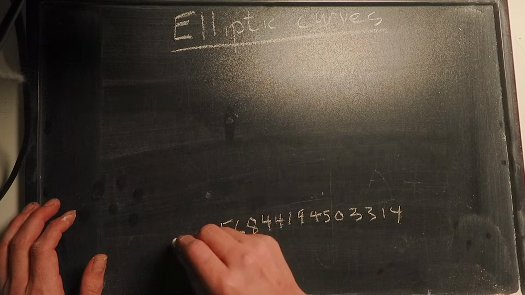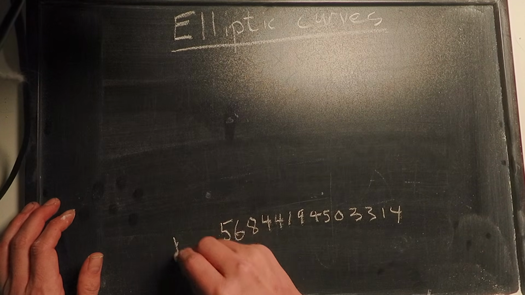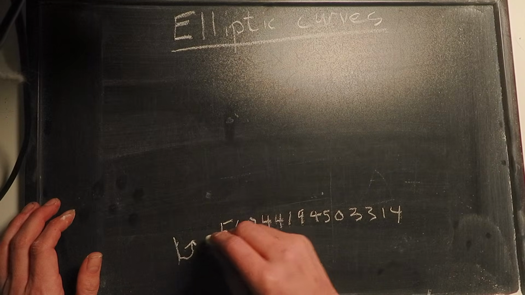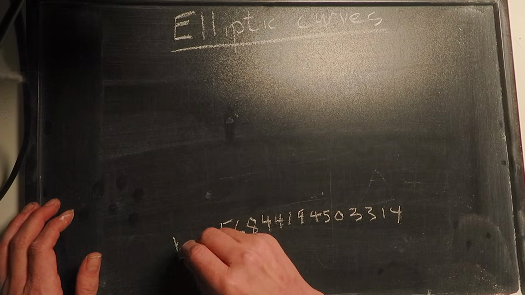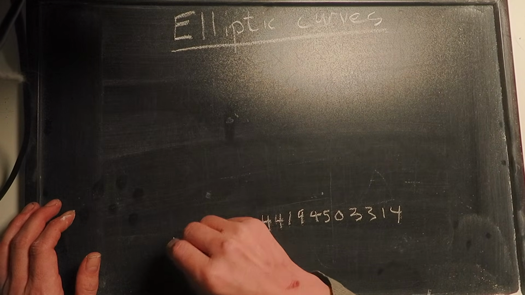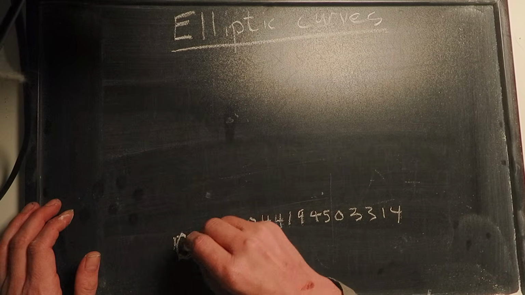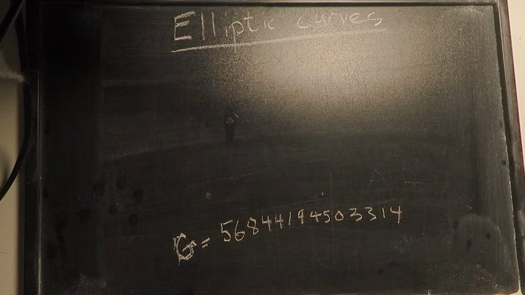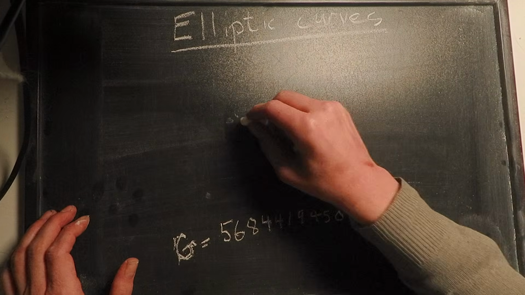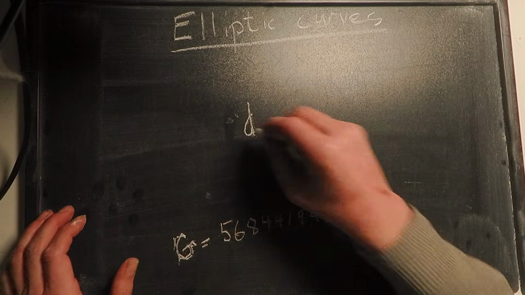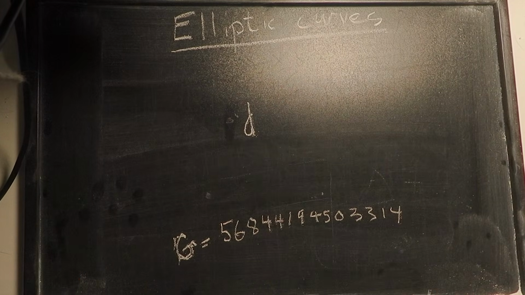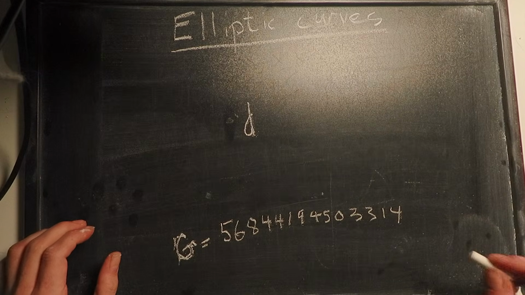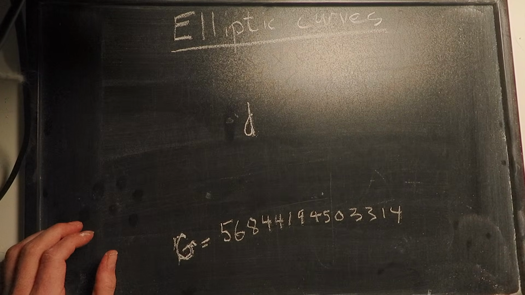And this is called G, for generator. That was a very ugly G, but yeah, this is called G. Alright, but we are interested in lowercase d. That is the private, the secret key.